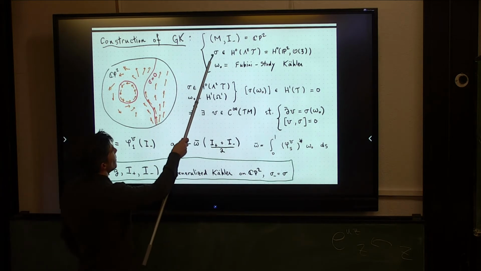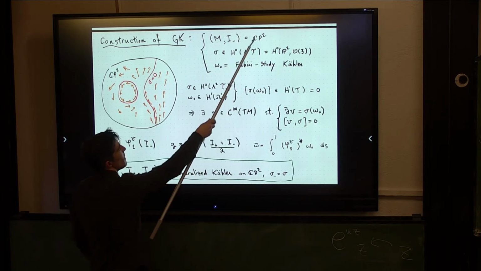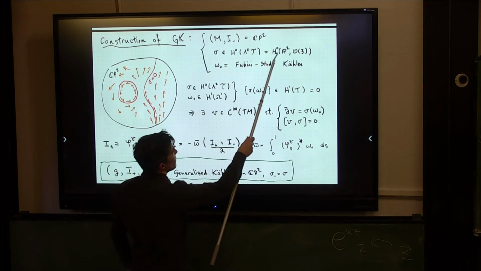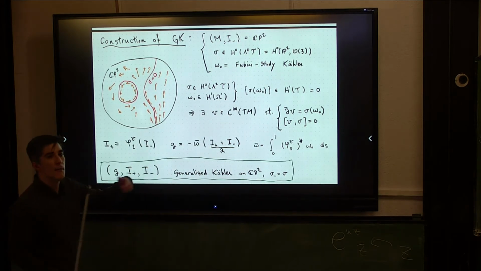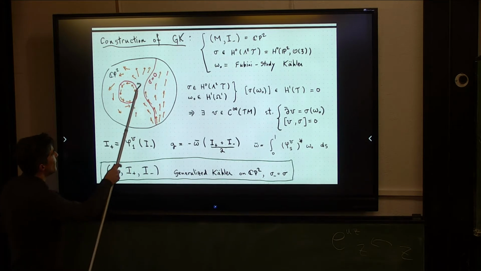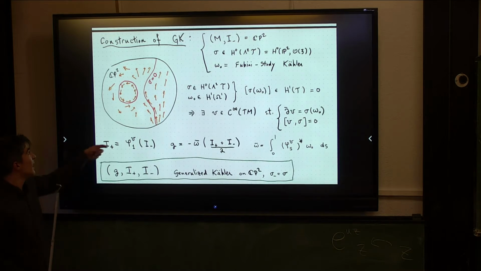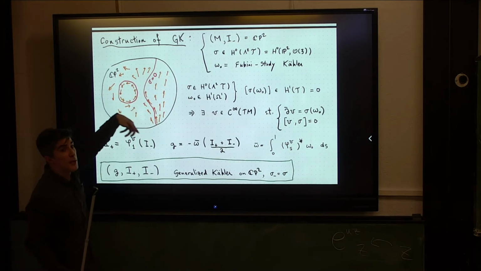So I start with a holomorphic Poisson structure, which is a section of wedge 2T. Wedge 2T in dimension 2, that's just one dimensional. This is just a section of O(3), so it's a cubic polynomial. And here I drew the zero set. So the Poisson structure is a cubic polynomial, and it vanishes on a cubic curve, or an elliptic curve.